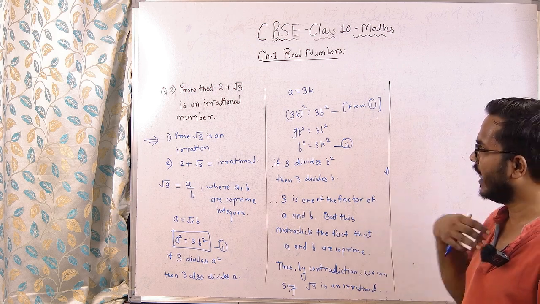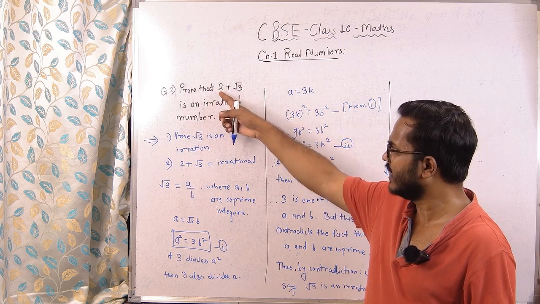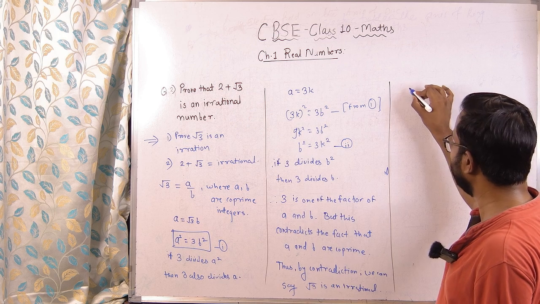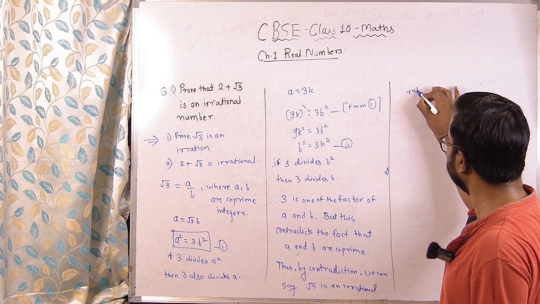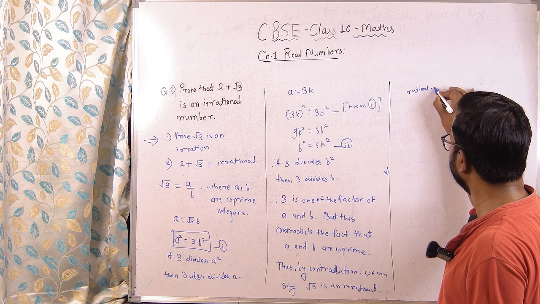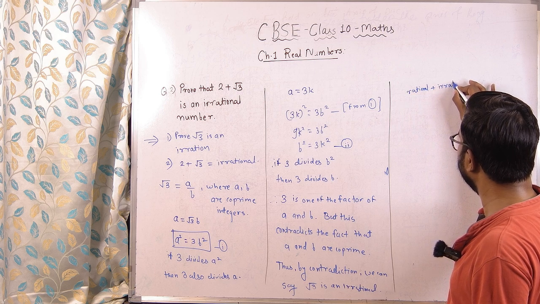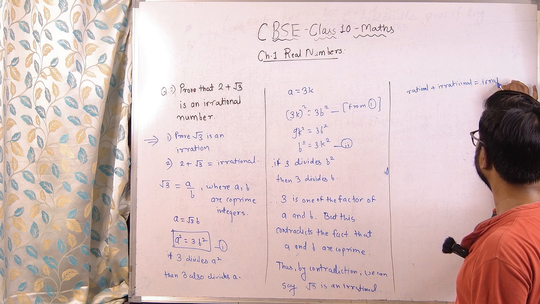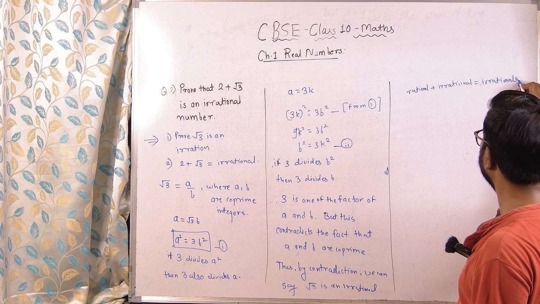Now, still our job is not done. I still have to prove that 2 plus root 3 is an irrational number. For that, I'll write that the sum of a rational number plus an irrational number is always an irrational number. Right, students?